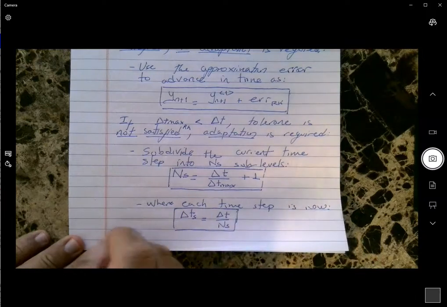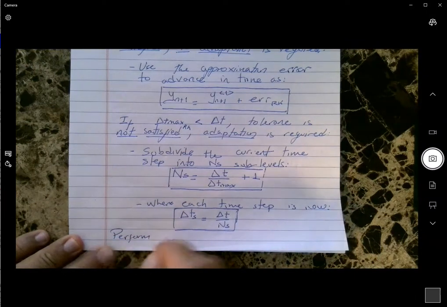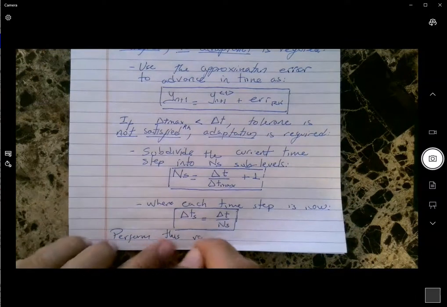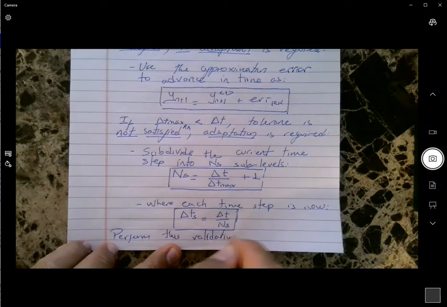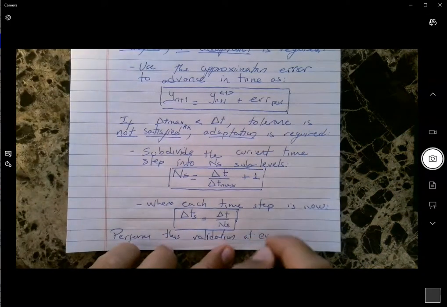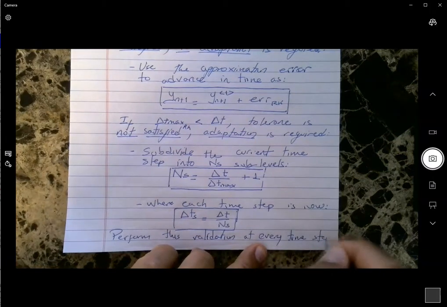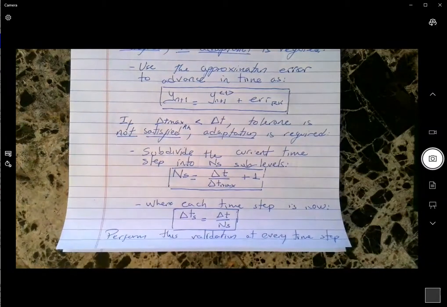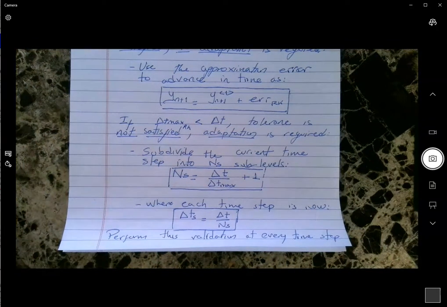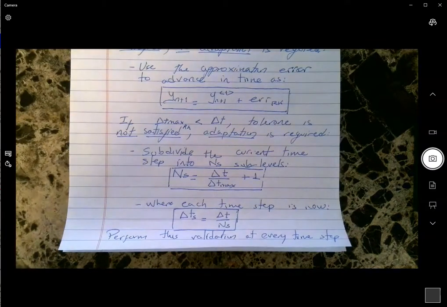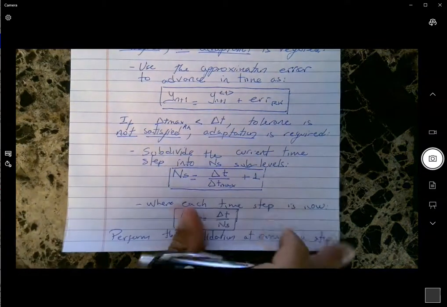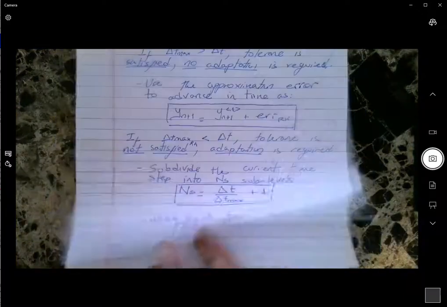So I'm going to write it here, perform this validation at every time step. So every time you advance in time, you need to do this check and decide whether you need to subdivide or not.